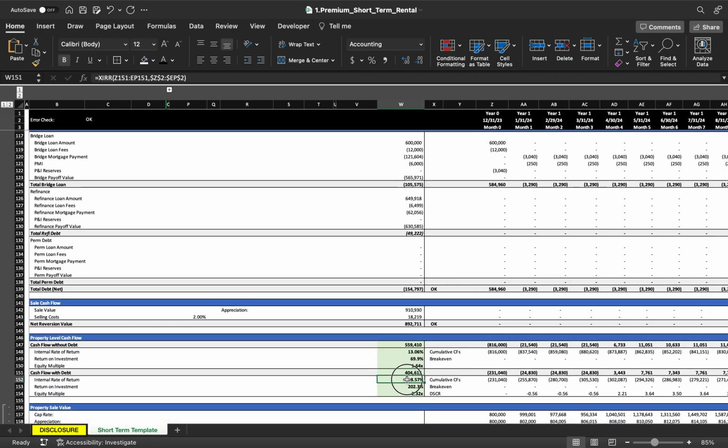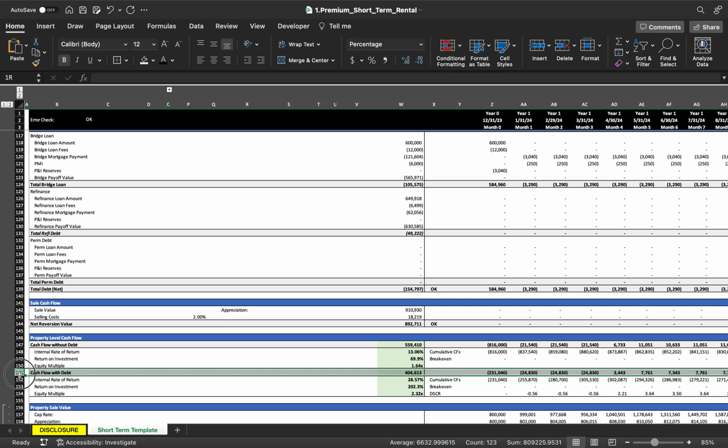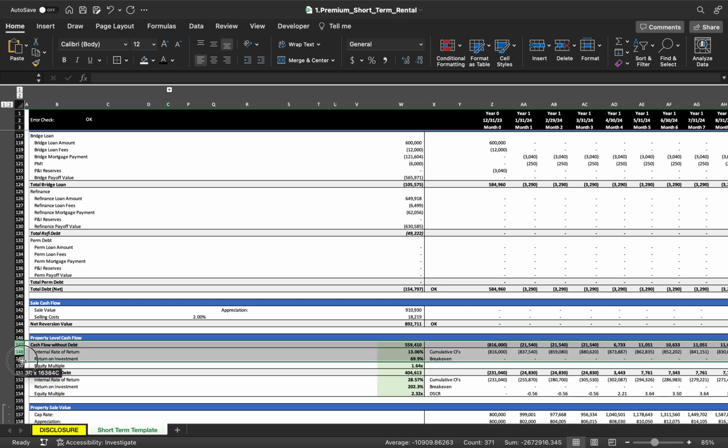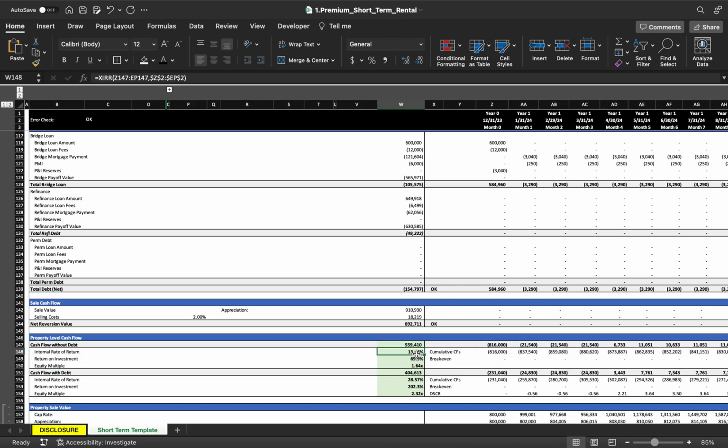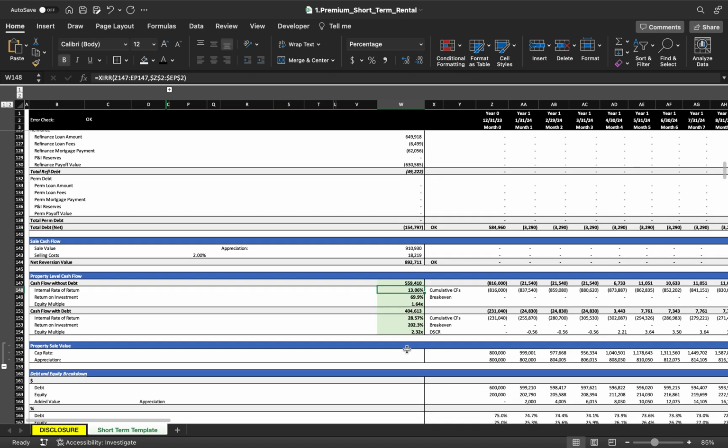And then you have the IRR, internal rate of return, the return on investment, so ROI, or the equity multiple. And this is at a property level with debt. This is at a property level without debt. So you'll see obviously you have more profit without debt, but your IRR, your ROI, and your equity multiple are going to be much less because you don't have debt on the project.